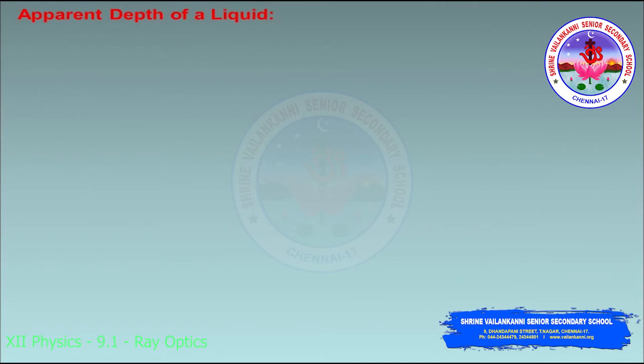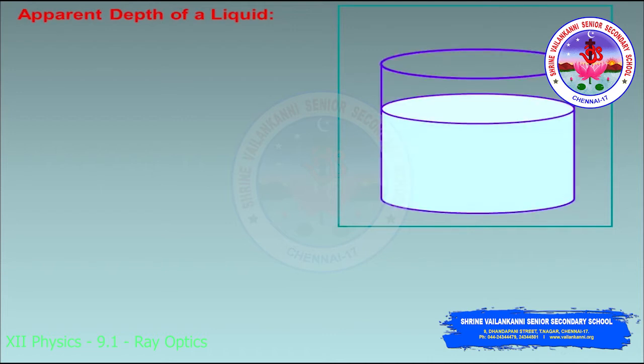Now the next one is, you must know about apparent depth and the real depth of a liquid. If we take the refraction of light, the apparent depth of an object which is placed in a denser medium is less than the real depth.